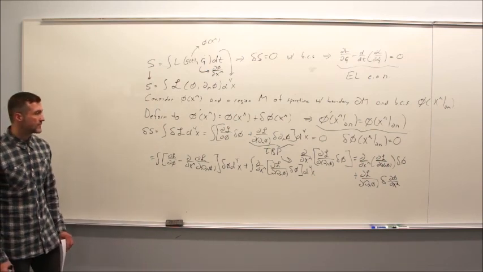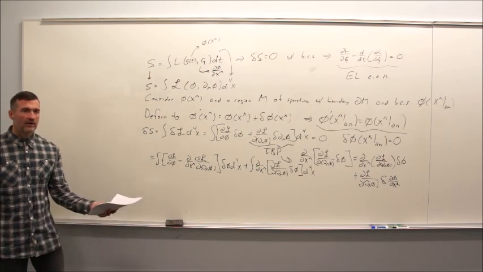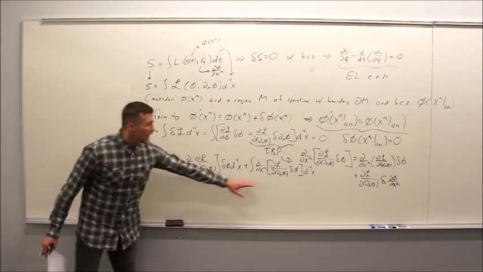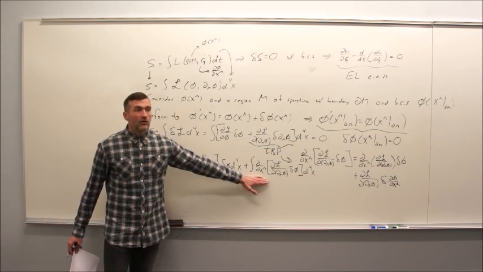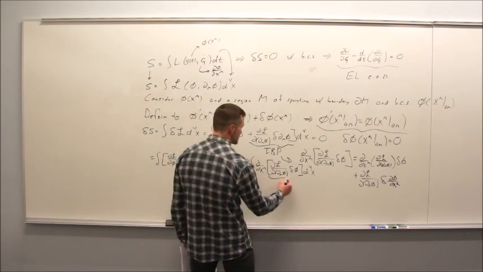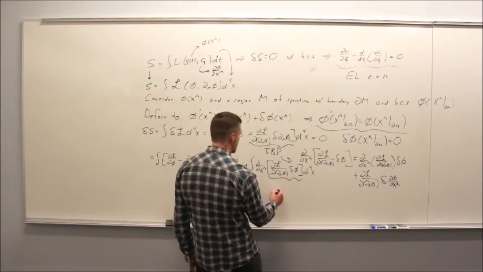Okay? So if you're not aware, integration by parts is just using the product rule backwards. Okay, but this thing is the integral of a total derivative. So that means that this guy is really just the integrand evaluated on the boundary.